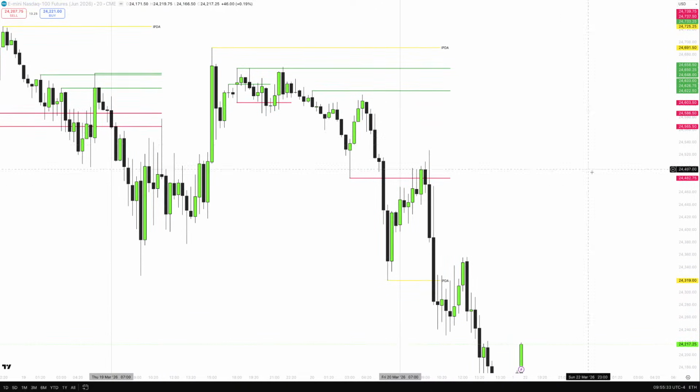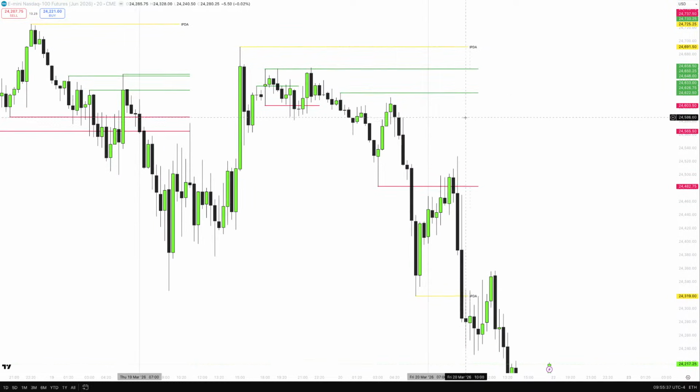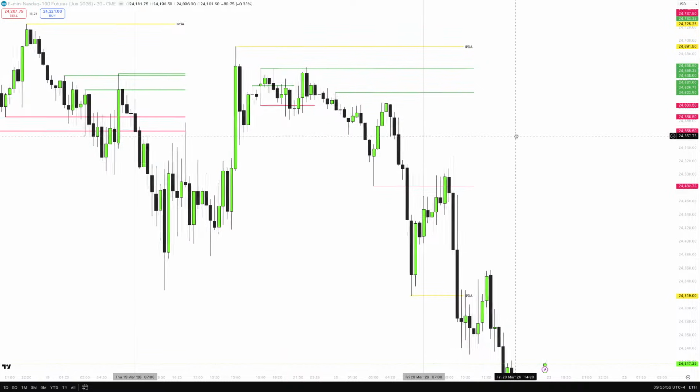So what I'm looking at now is every high or low that formed at an IPTA time. As you can see here, the red lines are the lows that formed at an IPTA time, and the green lines are the highs that formed at an IPTA time.